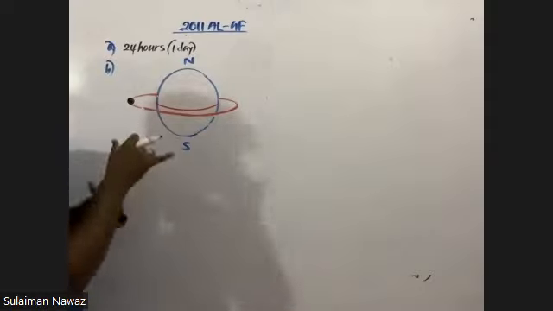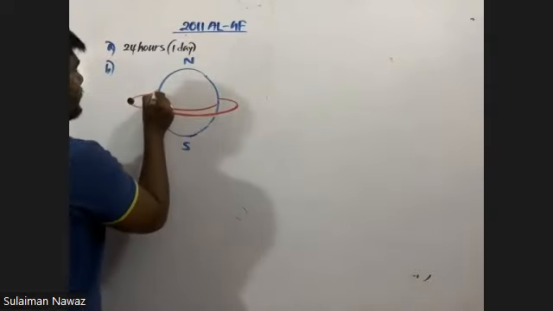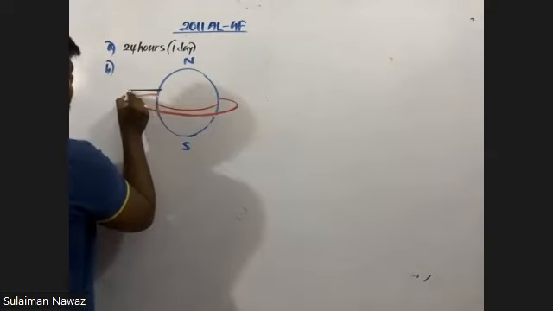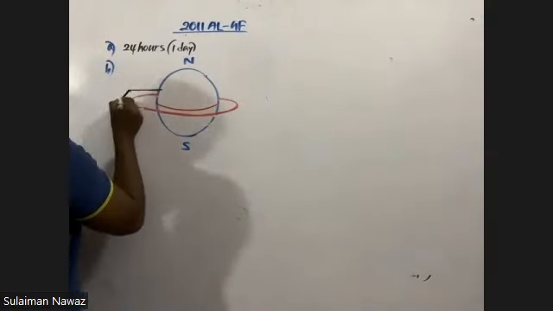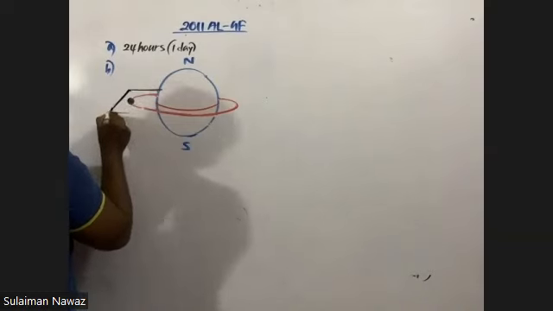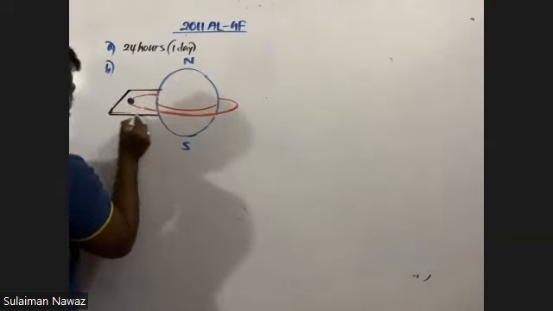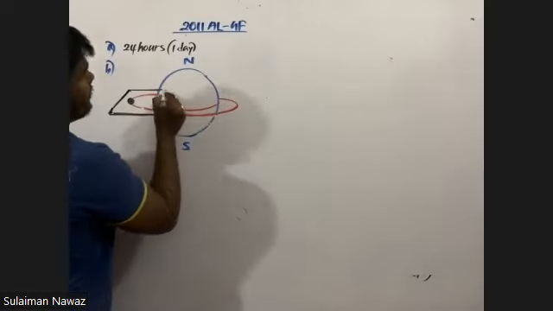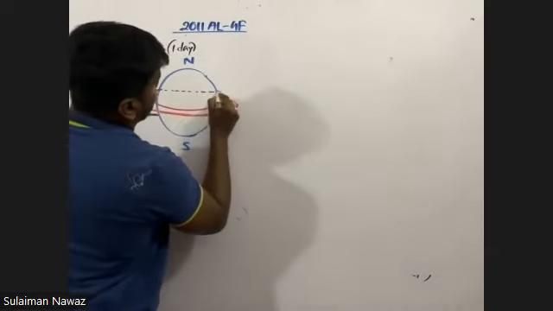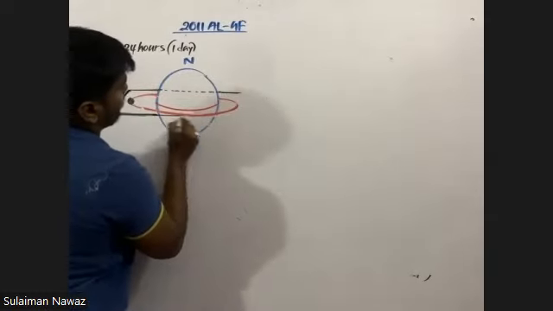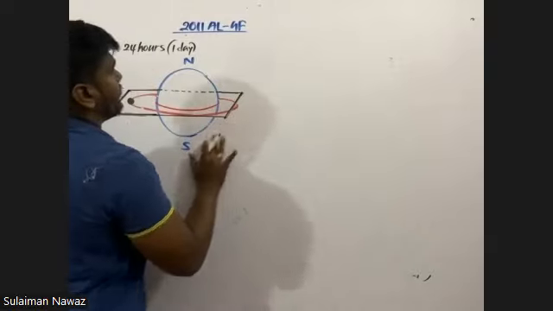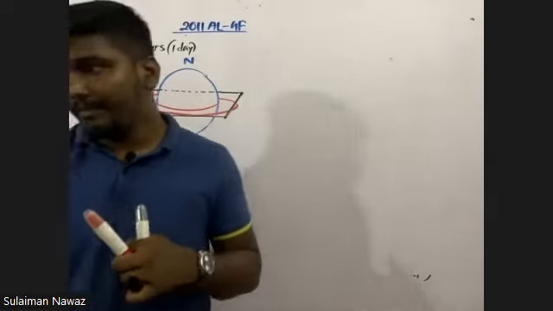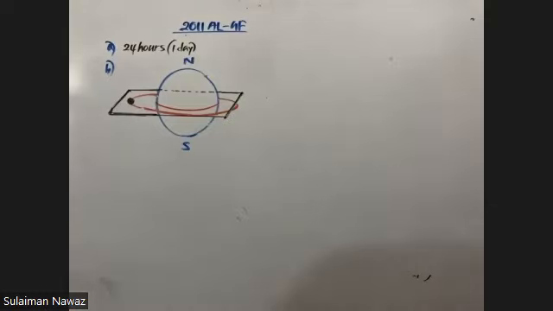Now your plane would be, this is how your plane would appear. This plane must be passing through the equator. Did you understand? I think you guys understood that idea.